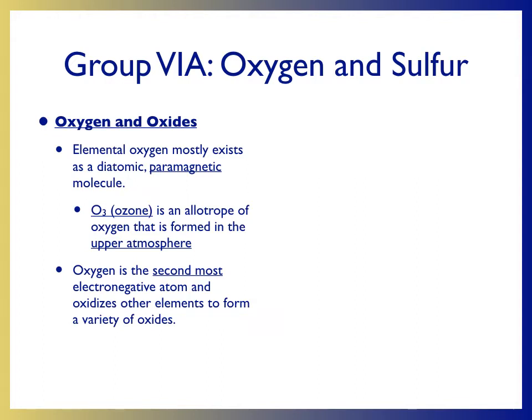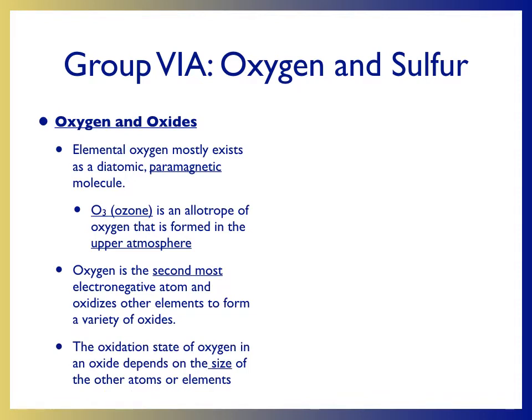The only time oxygen reacts with an element to form a positive oxidation state is when it reacts with fluorine, which is more electronegative than it. Oxygen mainly exists in a -2 oxidation state. However, it does have other oxidation states which are also negative.